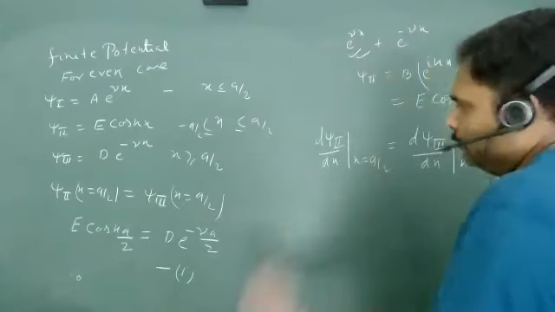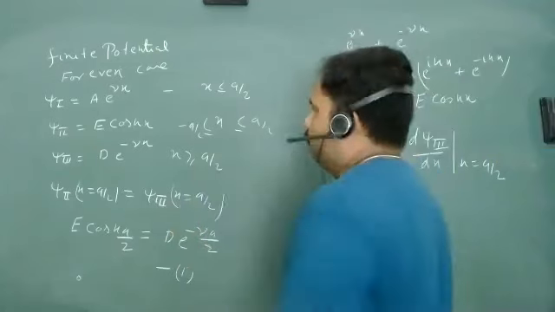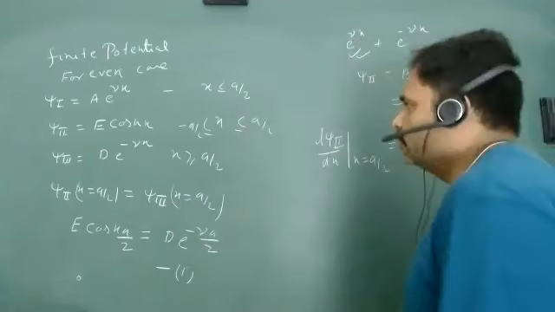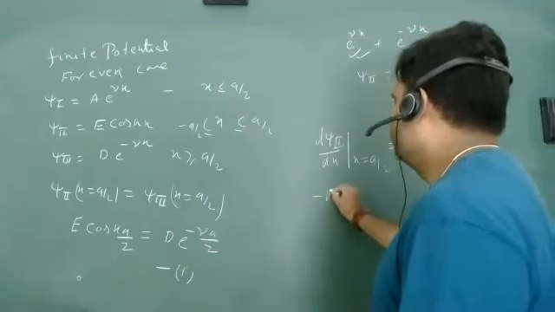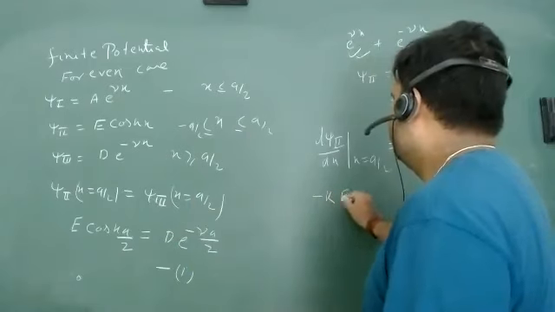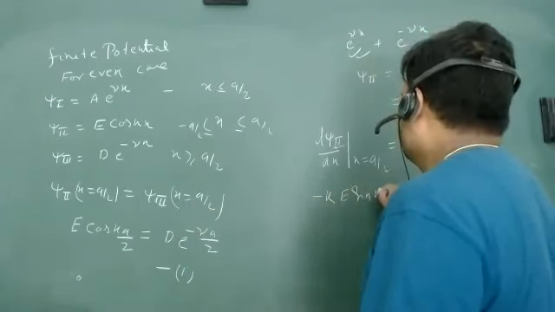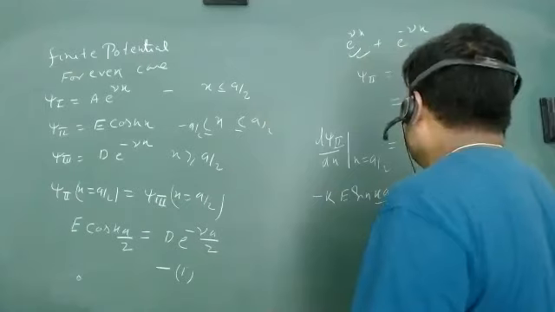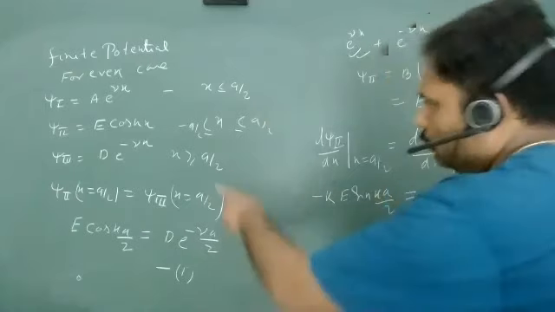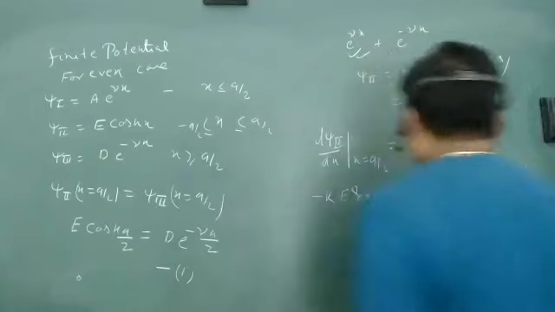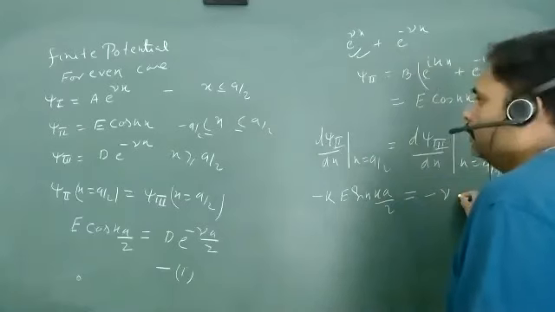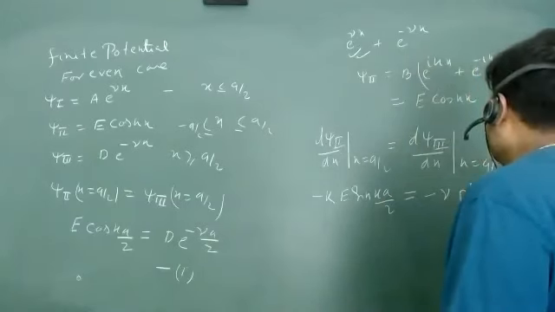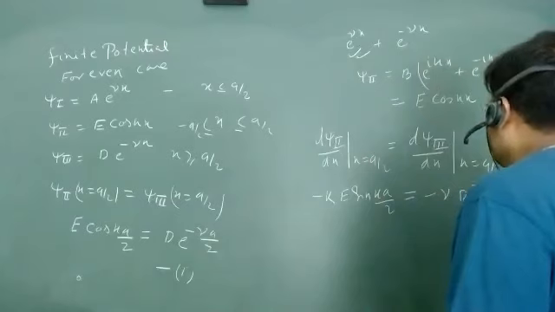First we have to differentiate, then we put the value. When you differentiate the cos function, that will be minus k E sine k a by 2, must be equal to minus gamma D e to the power minus gamma a by 2.